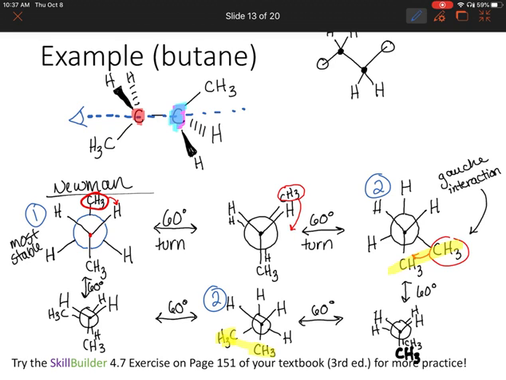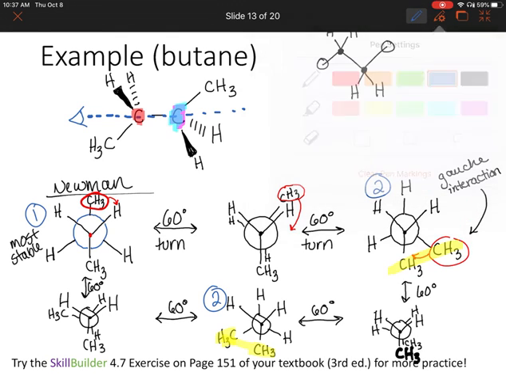Okay, so now let's keep ranking our structures in terms of energy. So let's look at all of our eclipsed conformations. We know that they're all less stable than the staggered conformations, but which one is the least stable? Probably the one where the methyl groups are directly lined up, right?